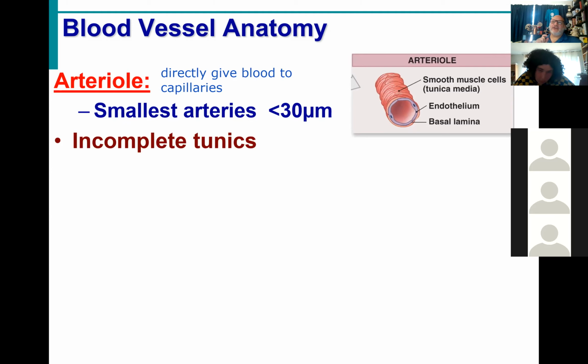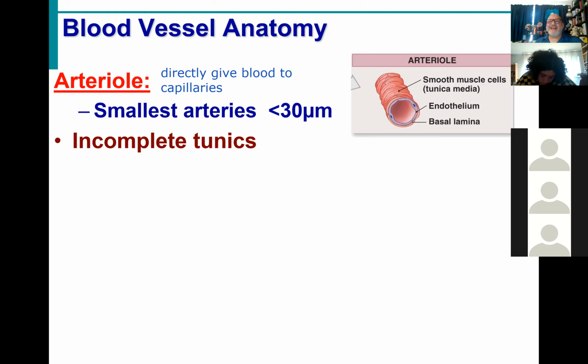Notice, unlike an artery, as the picture illustrates here, it does not have all three tunics the same way that an artery does. It absolutely positively has an endothelium. You have to have that simple squamous epithelial tissue on the outside and a little bit of the areolar connective tissue off of that.